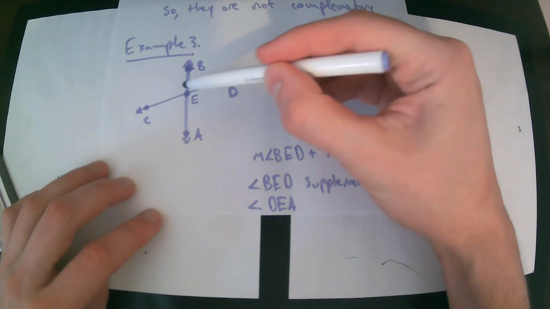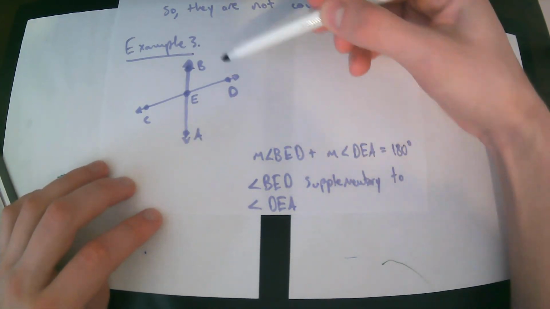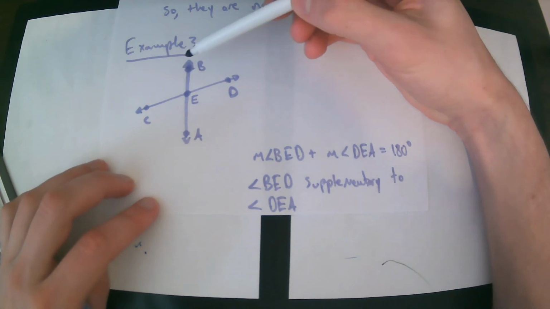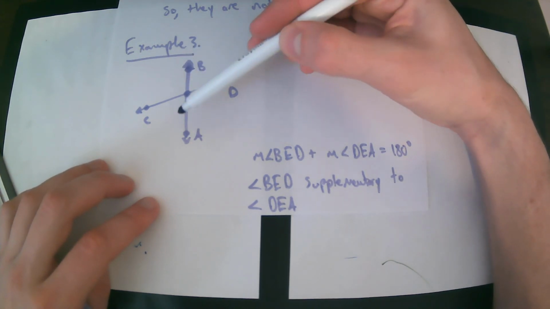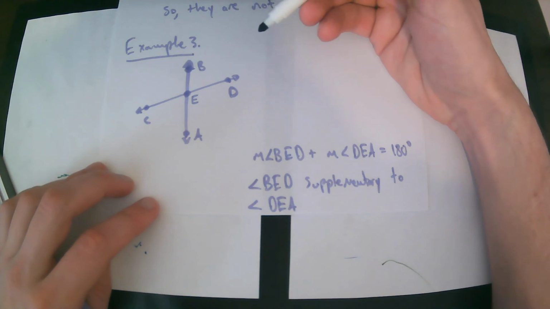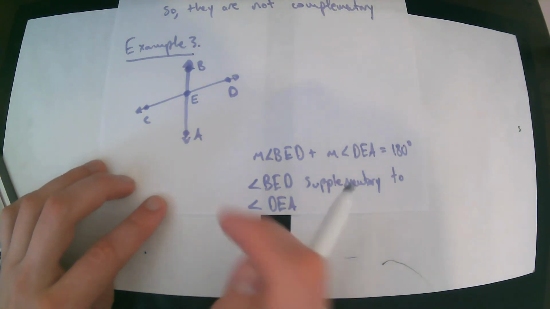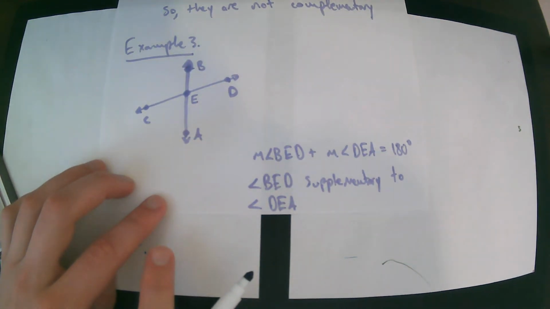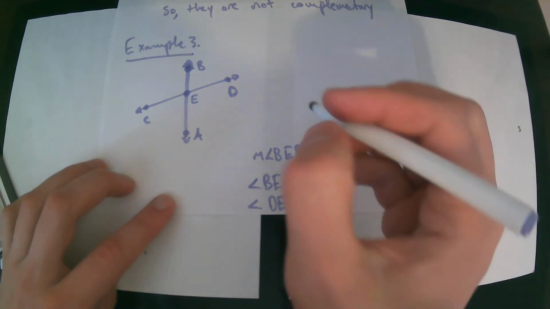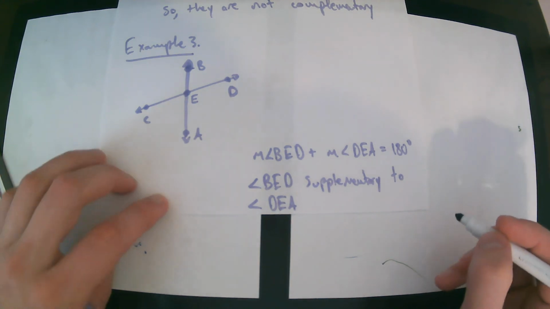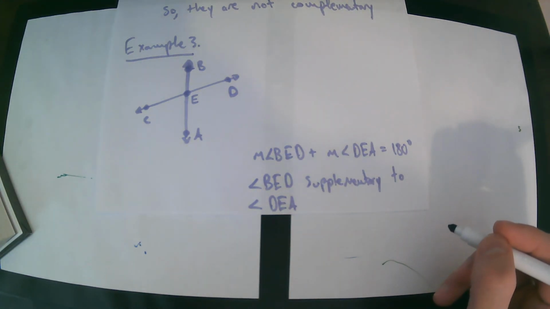It's pretty clear, probably, that they will sum to 180, even though we don't know their angle measures. But why is it so clear that they should sum to 180? Well, note that angle BEA is a straight angle. So we can say angle BEA is a straight angle.